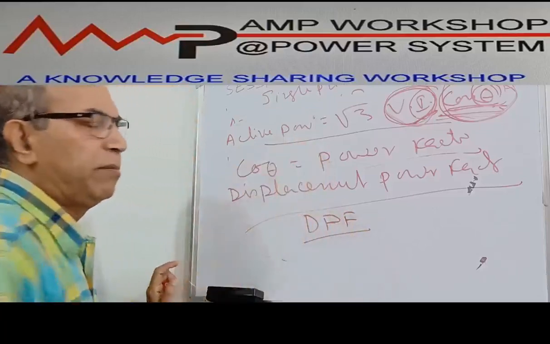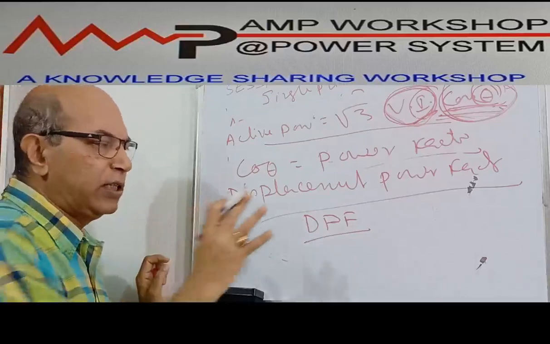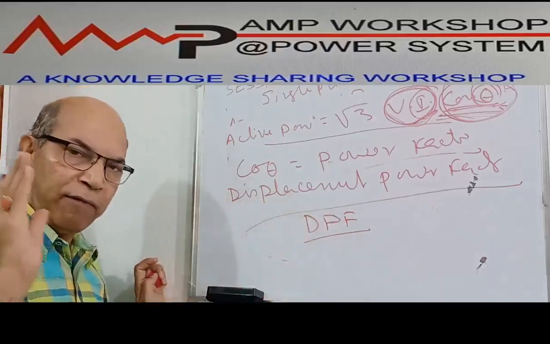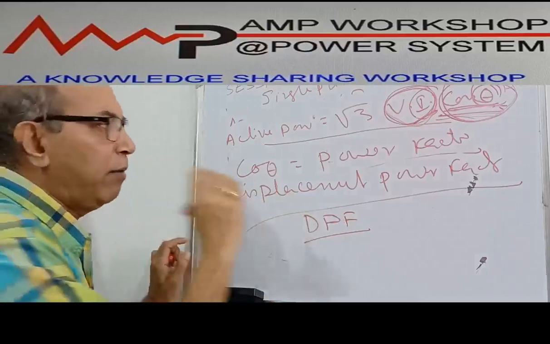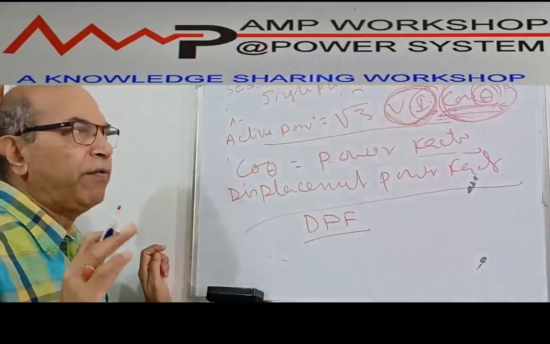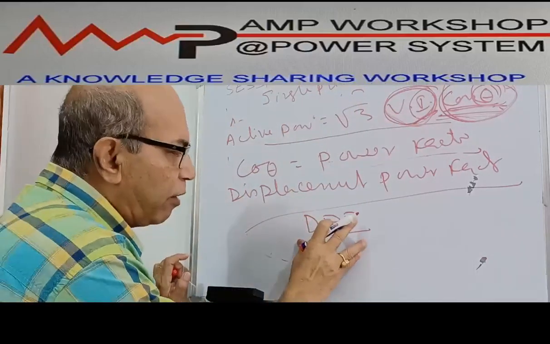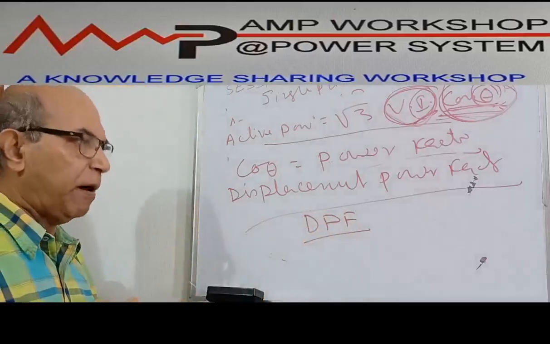We get the displacement power factor out of the fundamental frequency. When the fundamental frequency supply goes through the circuit, the circuit gives a power factor due to the combination of resistance, reactance and capacitance, and that power factor is called the displacement power factor.